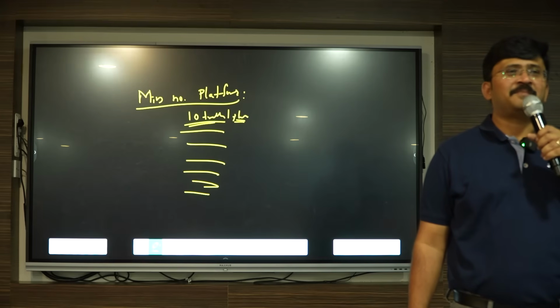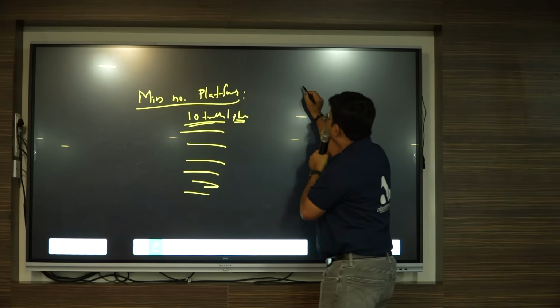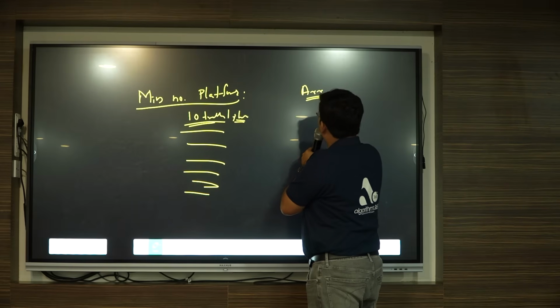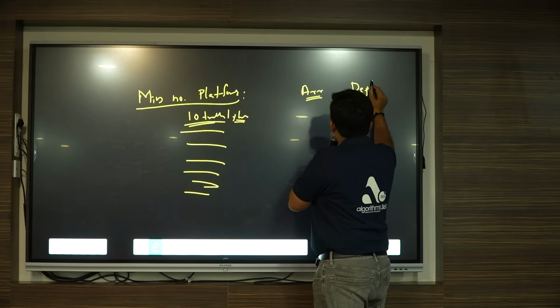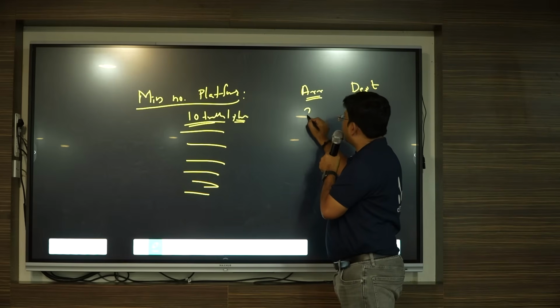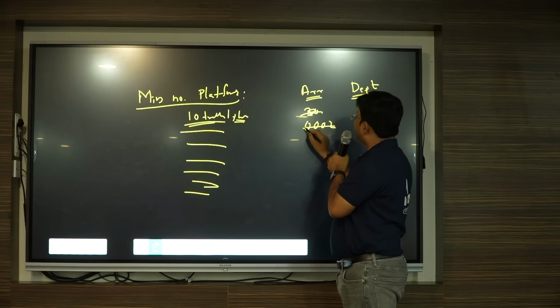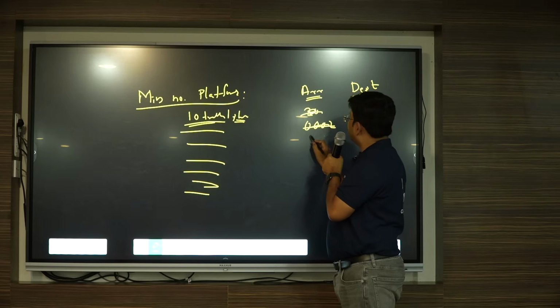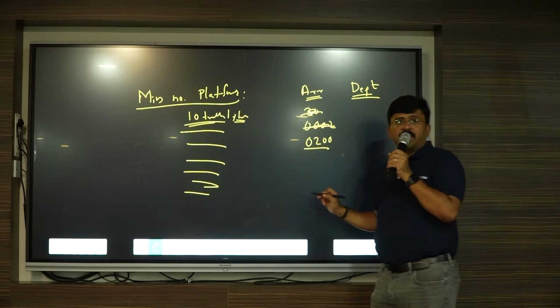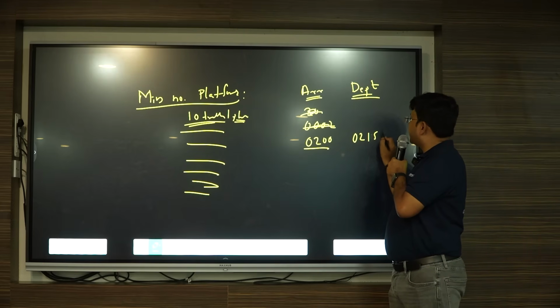That's the interview question. They will give you the arrival and departure time of the trains. Let's say the first train arrives in the morning at 2 a.m. Not this way, let me write it in a different format. It arrives at 2 a.m. and leaves at 2:15.